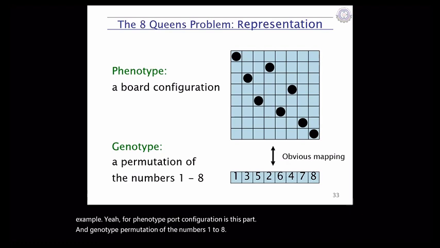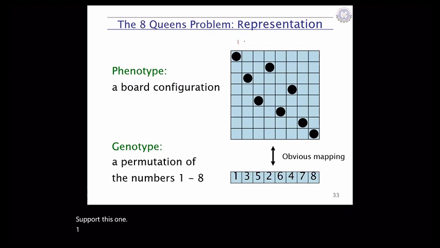Right. So there are the numbers 1 to 8: 1, 2, 3, 4, 5, 6, 7, 8. With the permutation, we'll get this one, for example.